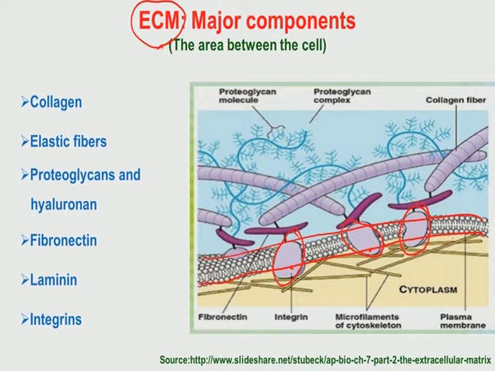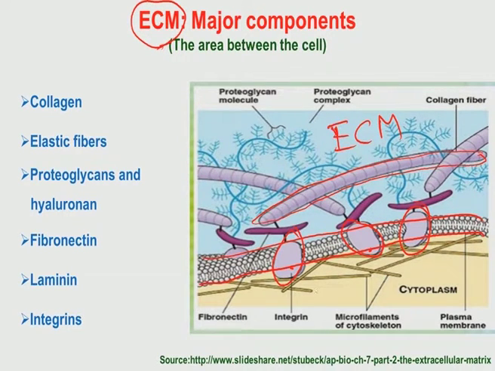Now, outside the cell, that means towards the other side of the cell membrane, opposite to the cytoskeleton or cytoplasm, this entire space where you have different biological macromolecules and collagenous proteins is very important as far as the functionality of the cells is concerned, and this space is known as the extracellular matrix.